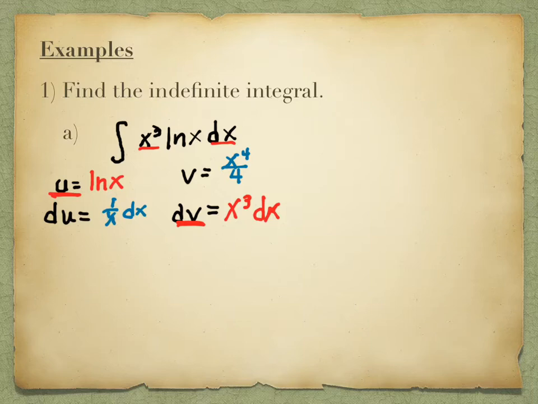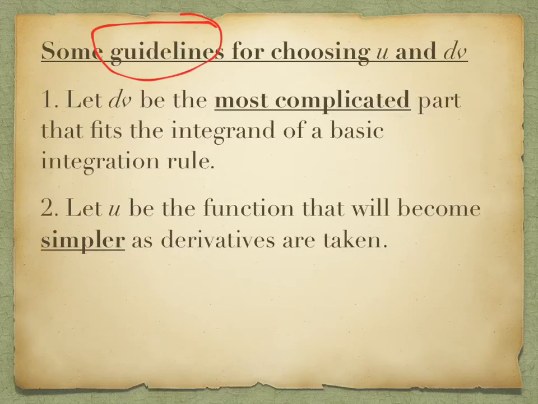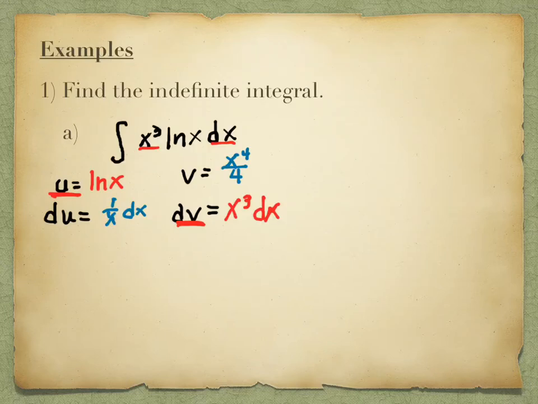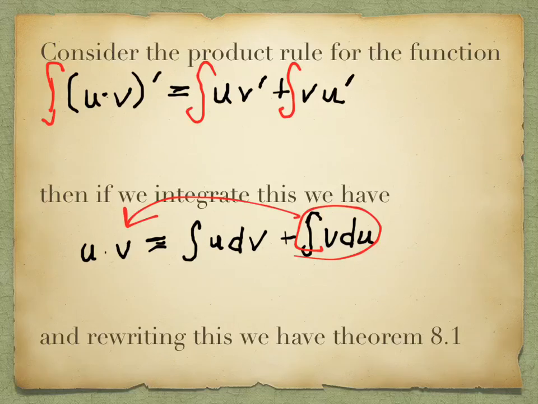Okay, so let's go back to our formula again and see what it's telling me to do. I've identified where things need to be. So I've actually got the left-hand side of this equation, and the right-hand side says what I do is I multiply u times v. So that's what I'm going to do first. I multiply u, well, that's ln x, times v, which is x to the fourth over 4. And then go back to my formula.